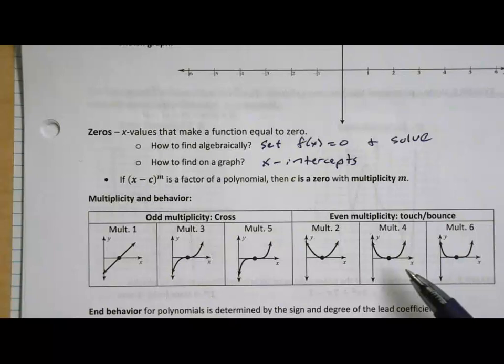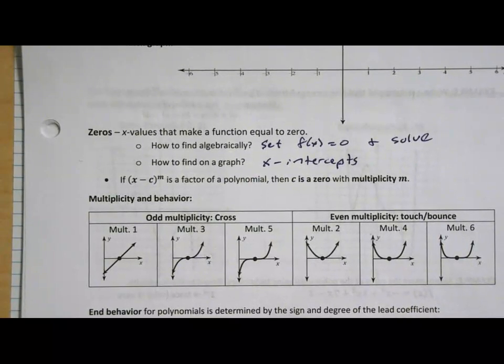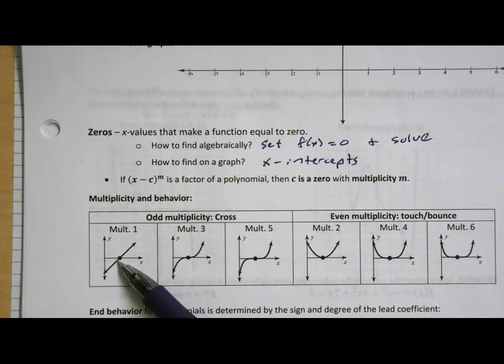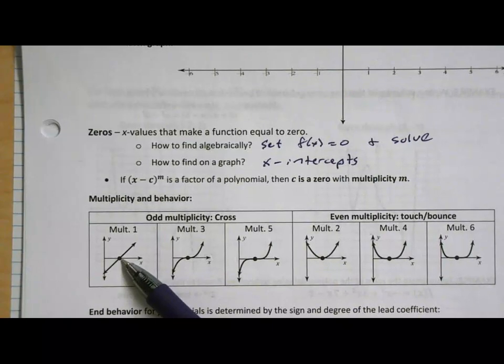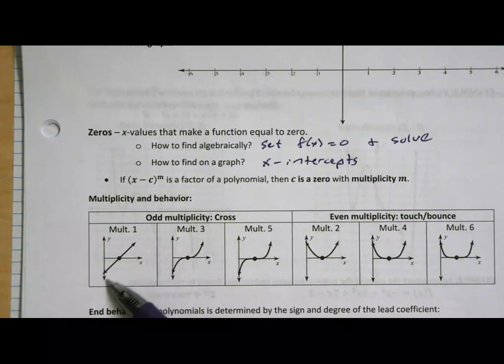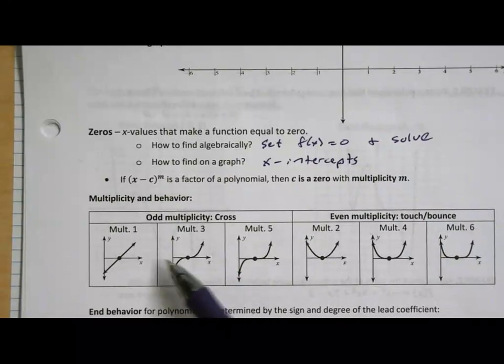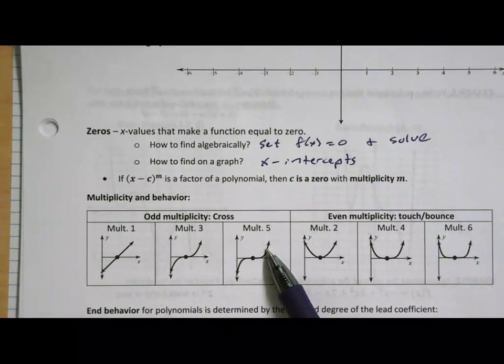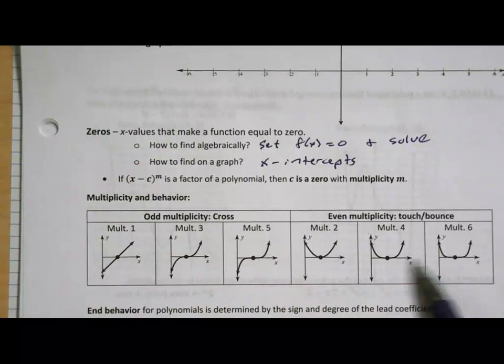You guys remember when we were looking at graphs of like x to the second versus x to the sixth versus x to the 42nd? So the main behavior that you're going to see for these x-intercepts, where the graph crosses the x-axis, is: does it cross the x-axis like these three are, or does it touch and bounce off the x-axis like these ones?